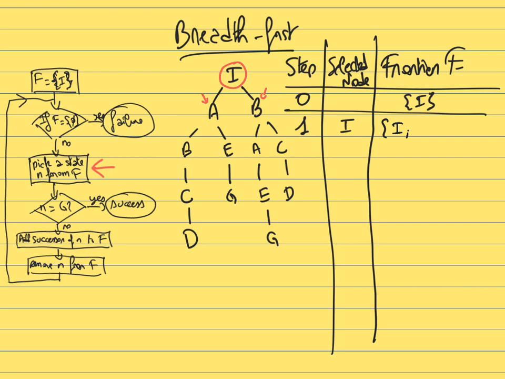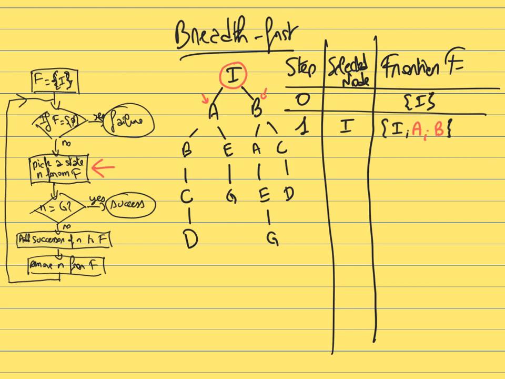You will add the new successors, the state A and the state B, which are the two new successors of I. After this, now that you have expanded the frontier, you will move to the next instruction, which is to remove the state N that you just visited from the frontier.